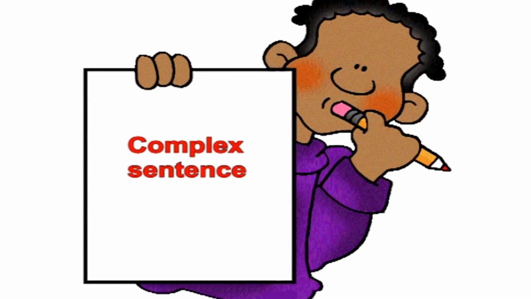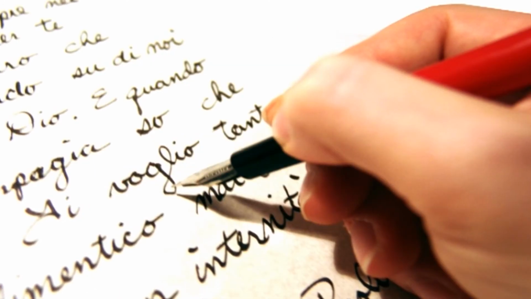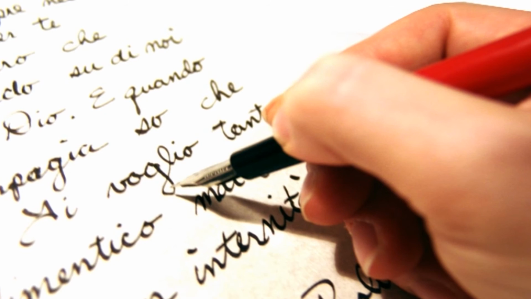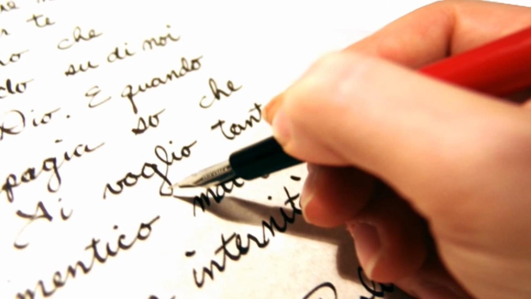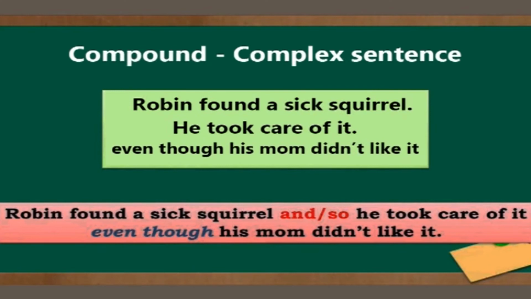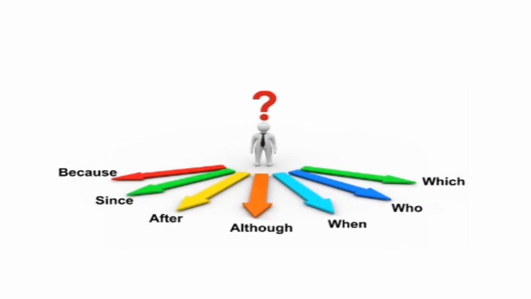A complex sentence has an independent clause joined by one or more dependent clauses or subordinate clauses. A subordinate clause is a group of words that has a subject and a verb but does not express a complete thought. A complex sentence always has a subordinator such as because, since, after, although or when, or a relative pronoun such as that, who or which.